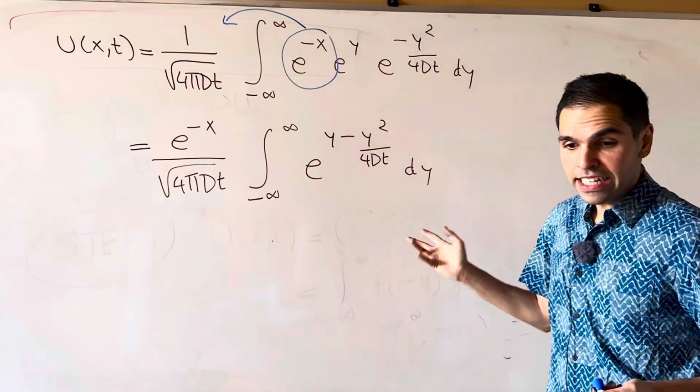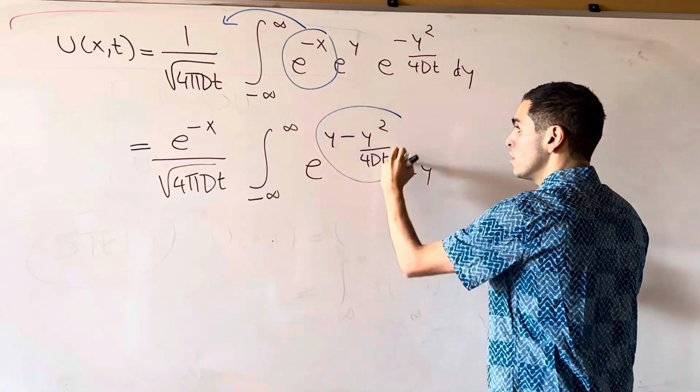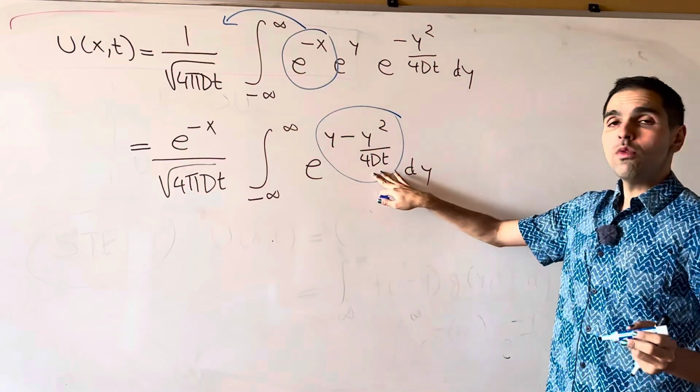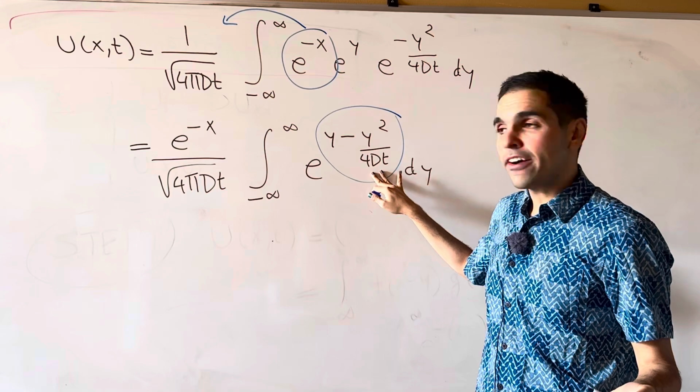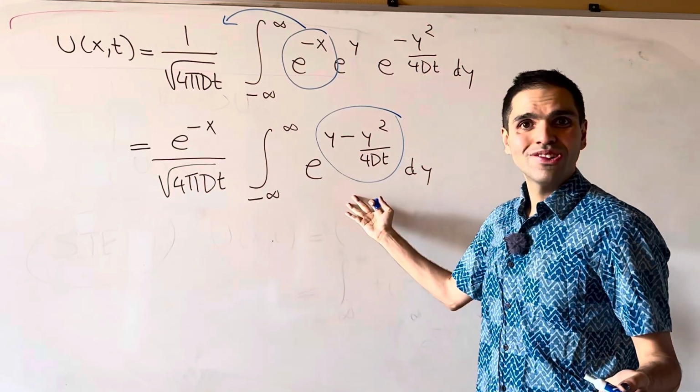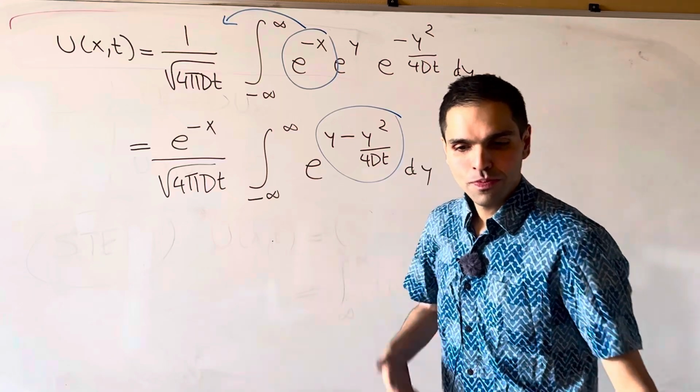And here's the idea, we will focus now on this exponent, because what we'll do, we will complete the square, and then once we complete the square, we will be able to turn this into a Gaussian, which will eliminate a lot of those nasty terms.